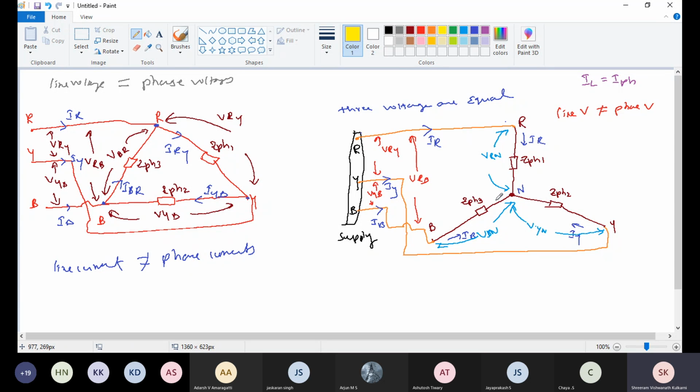If you understand, no need to remember: the current in the line as well as in the phase in a star connected load is equal. And here the voltages across the lines and across the phases are equal in delta connected. Okay, everyone understood this? Say yes. Yes, sir.